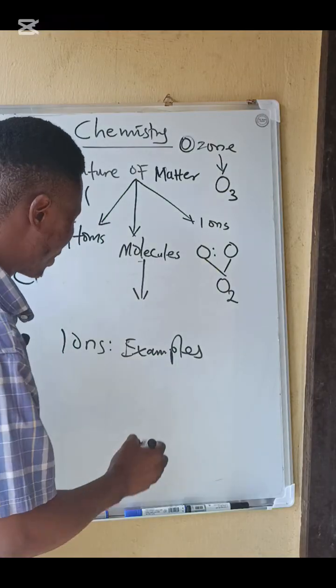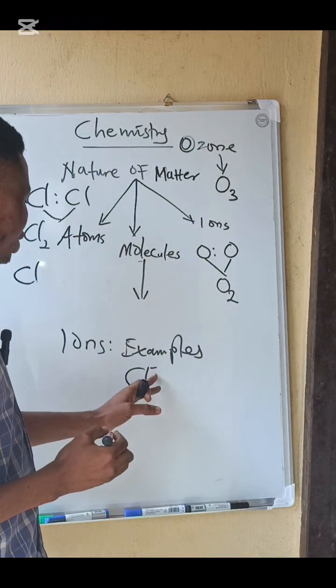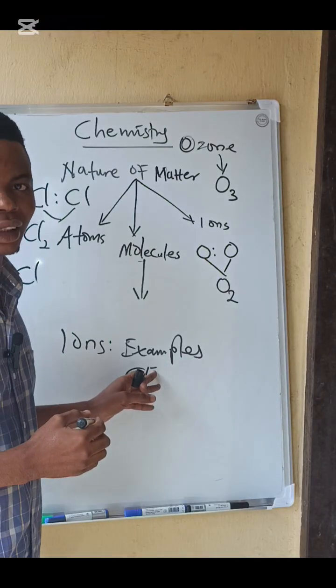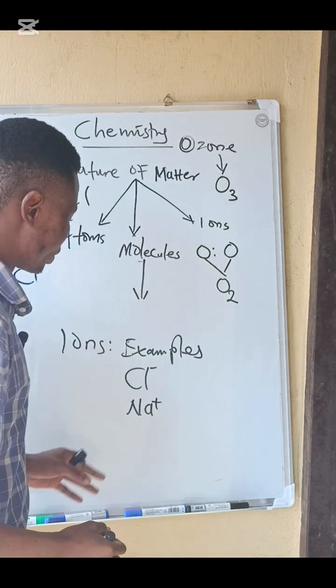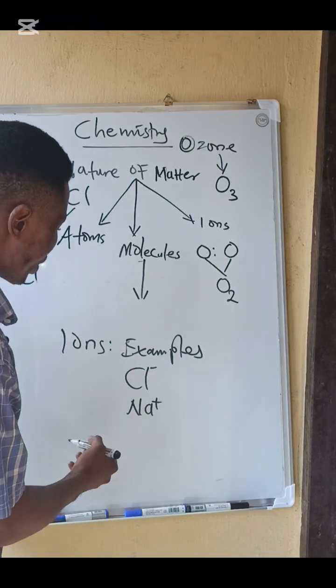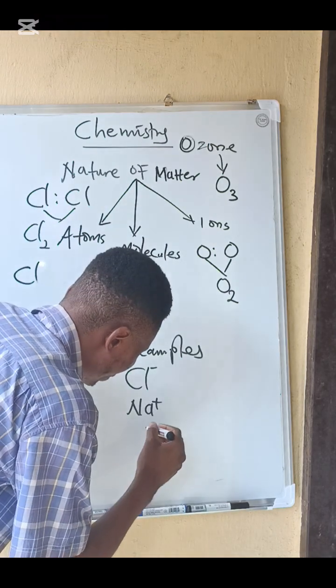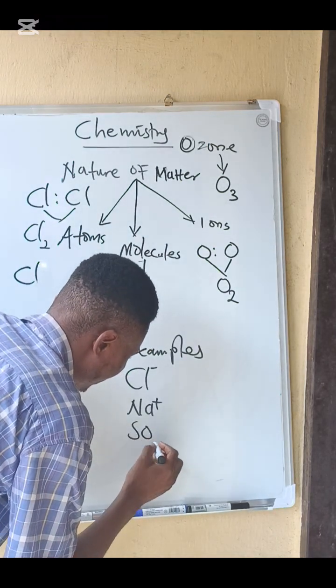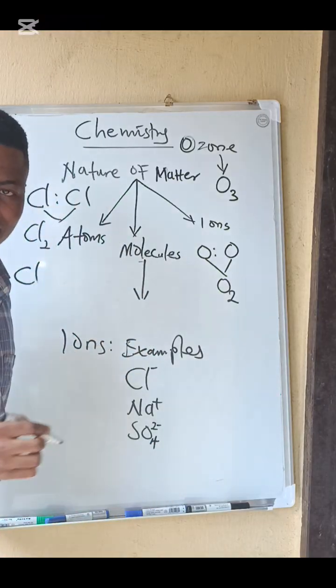We have chlorine ion in this form. In this case, the charge here is negative. We also have sodium ion in this form. In this case, the charge here is positive. We also have the tetraoxosulphate(VI) ion in this form.